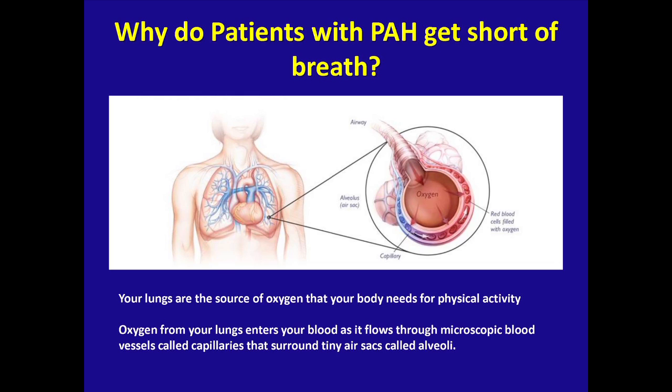Well, as we talked about in the previous anatomy slides, the main job of our lungs is to provide oxygen for our body so that we can meet our physical activity needs, right? Oxygen is used for energy in meeting our activity needs. So oxygen enters the blood in our lungs through tiny blood vessels called capillaries that surround the air sacs called alveoli.